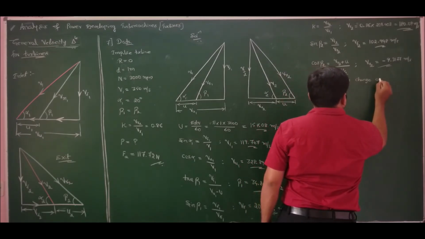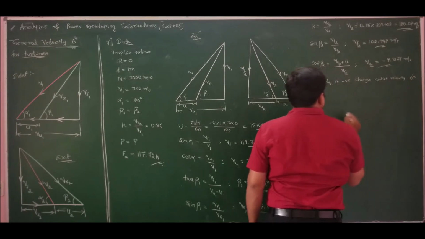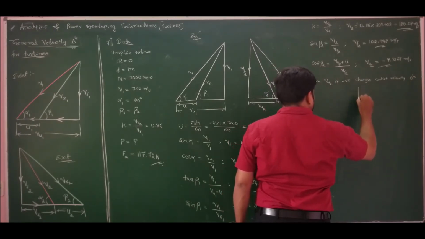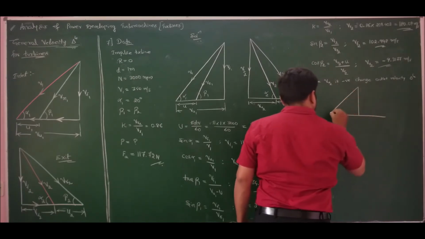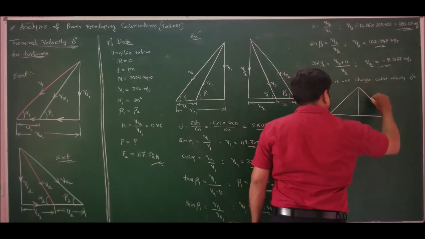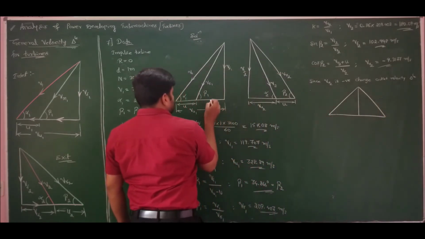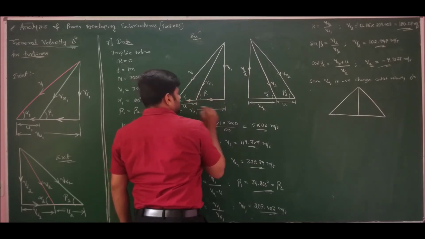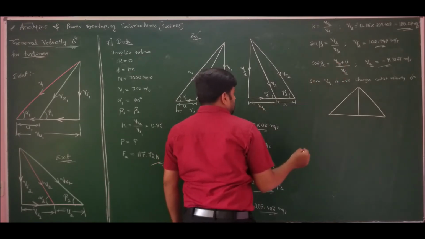Change the outlet velocity triangle. So the exit velocity triangle will become: make VU2 in the same direction as VU1. So shift this to here. Make VU2 in the same direction as VU1 since VU2 is negative.